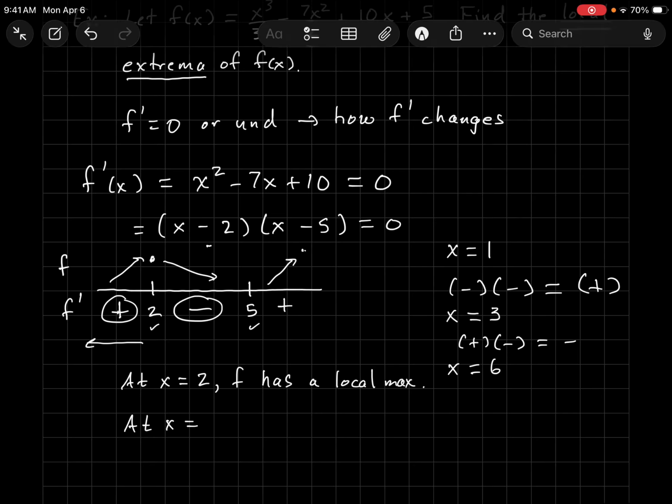At x equals 5, f has a what? Well, it has a local minimum because f prime is 0 right here, and then f prime changes from negative to positive. That is, f changes from going down to going up or decreasing to increasing. So f has a local min.